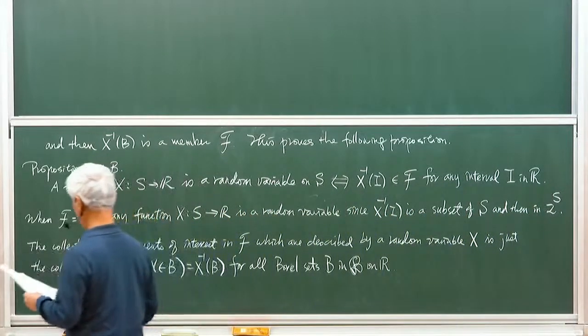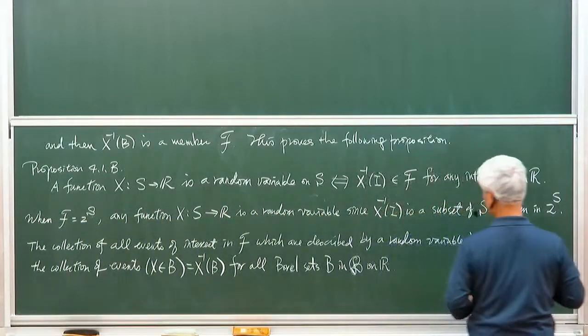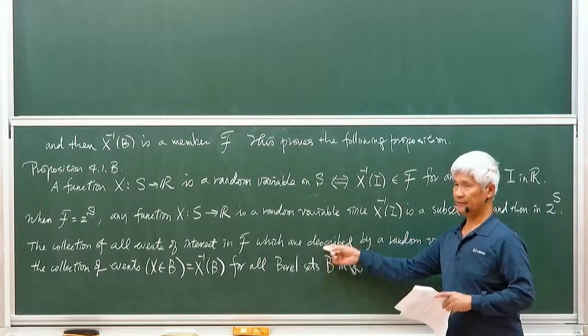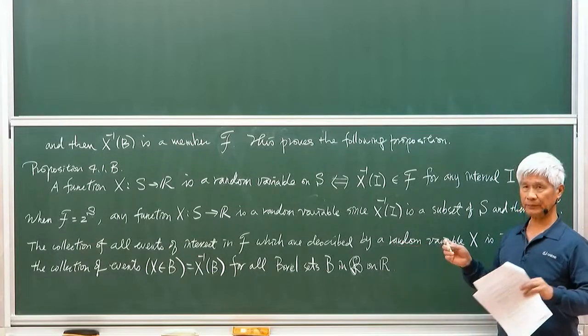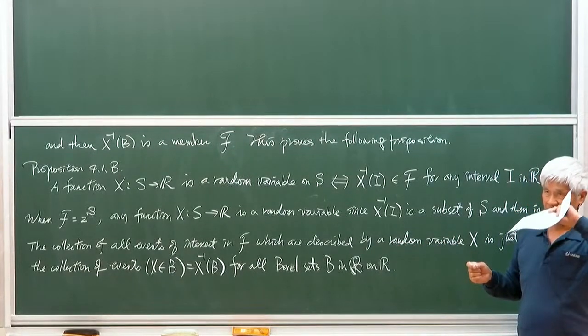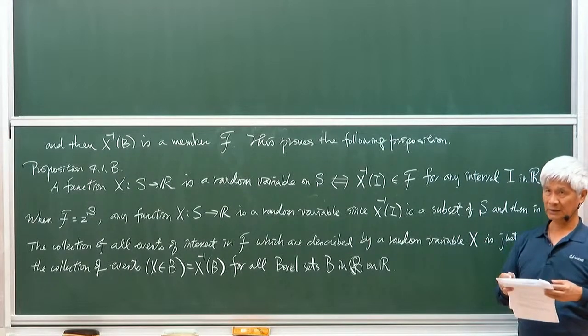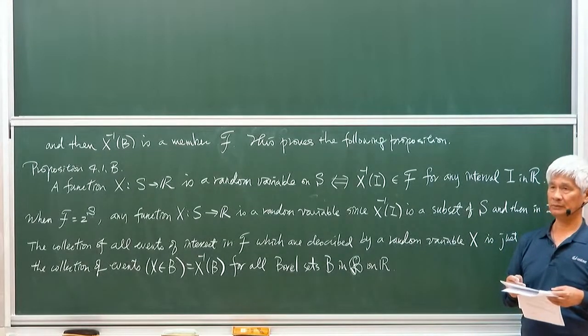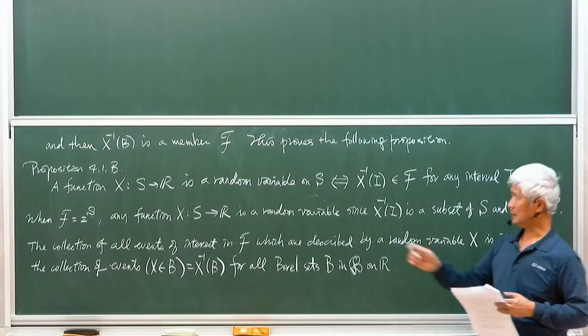Okay. Right. So this is a collection of events which are described by a random variable, and usually this collection is not equal to the sigma algebra F. Okay, it's just a subset of the sigma algebra F.